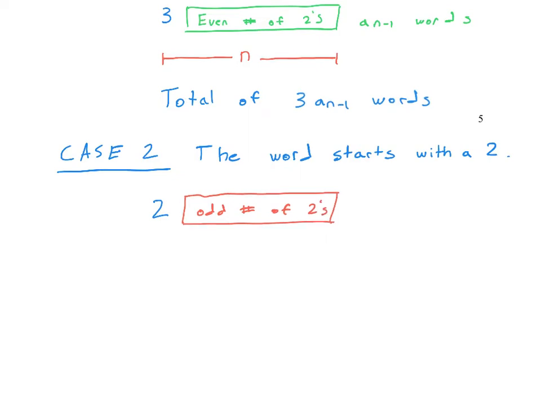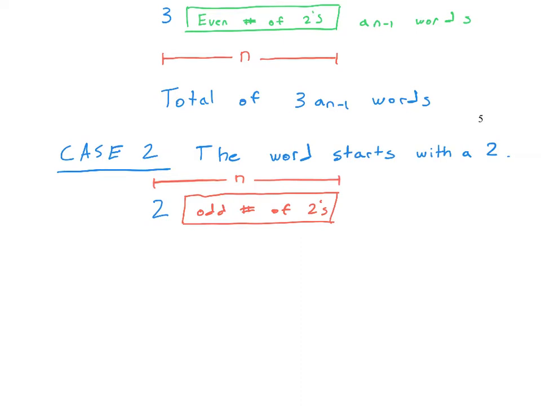If we do that, the odd number of 2's will add 1 2 to the end to make a grand total of an even number of 2's altogether within our word. Now, what we don't have directly is a formula for the odd number of 2's. And again, let's consider our length of word here of length n.